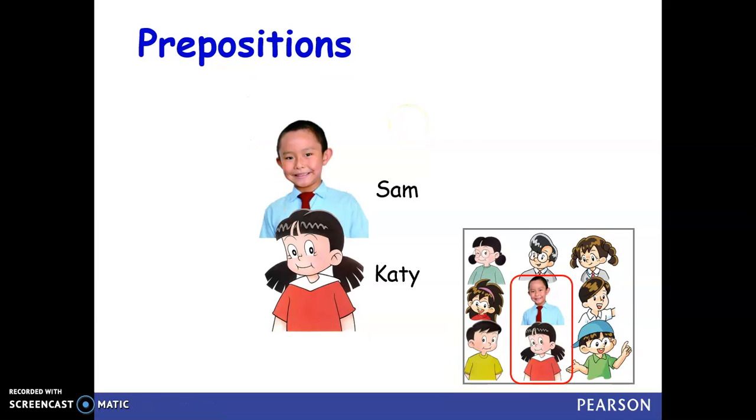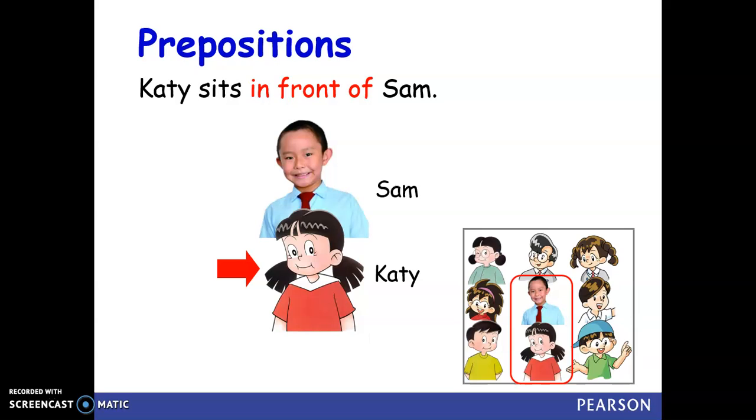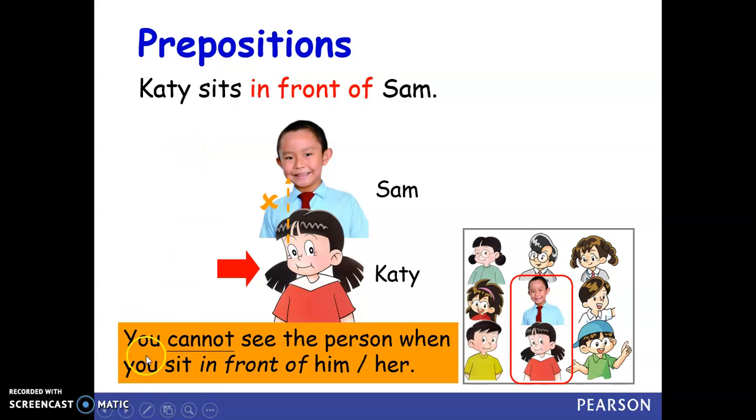But how about Katie? Where is Katie sitting? Well, when we want to talk about where Katie is sitting, we can use the preposition in front of. So we can say Katie sits in front of Sam. You see, she is at the front. So do you think that Katie can see Sam? Actually, no, she can't. So this is another useful way to think about this preposition.